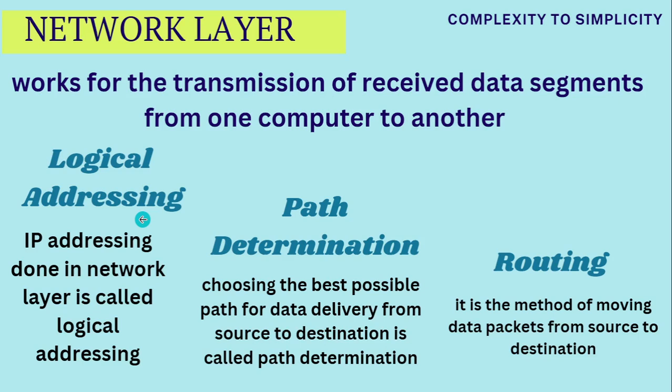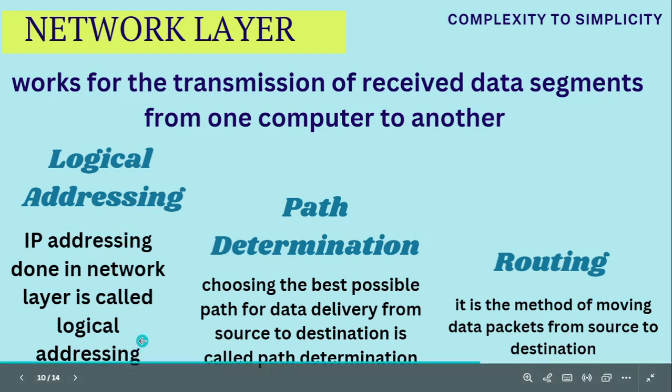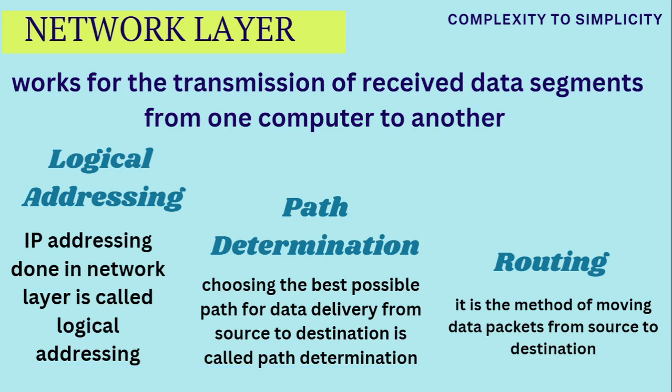In local addressing, the IP addressing is done in the network layer, which is called local addressing. It means that every computer in a network has a unique IP address, that is Internet Protocol address. So the network layer assigns the sender's and receiver's IP to each segment, that is the actual amount of data, to form an IP packet, because data travels in the form of a packet.